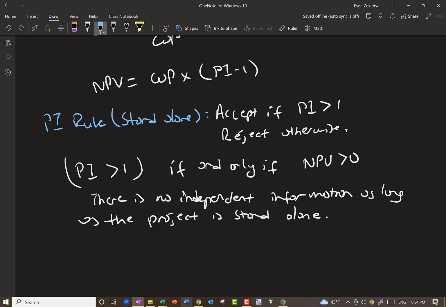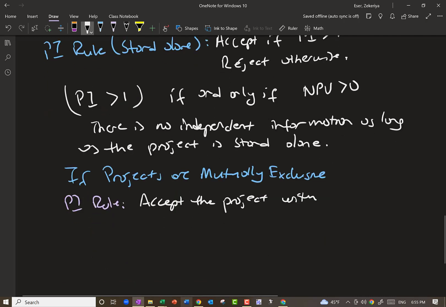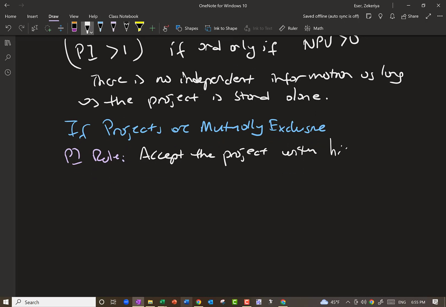Now, things get complicated if projects are mutually exclusive. The PI rule says accept the project with the highest PI, provided it is greater than 1.